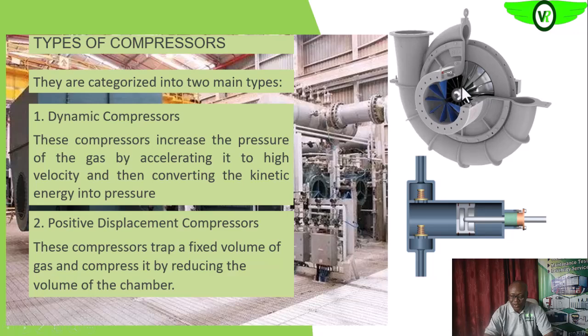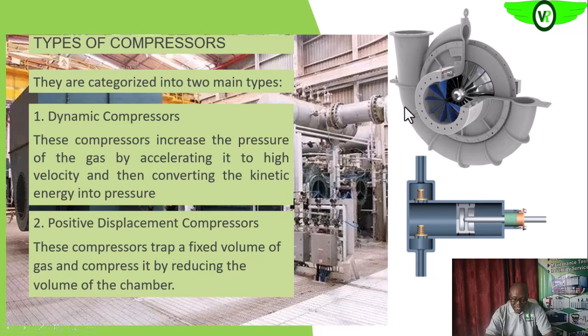In the case of the dynamic compressor, you can see that we have an impeller that helps to accelerate whatever gas comes into it through the eye of this compressor, or the inlet of this compressor.